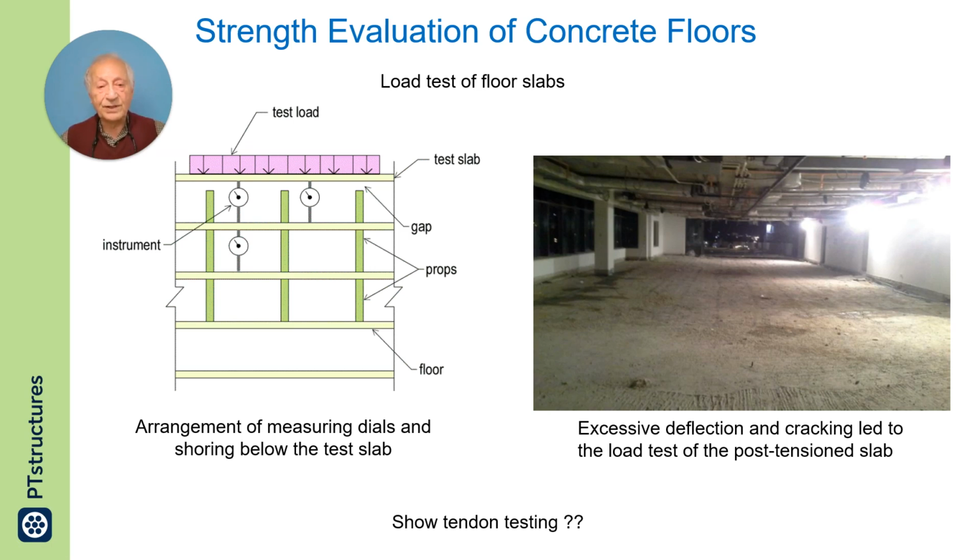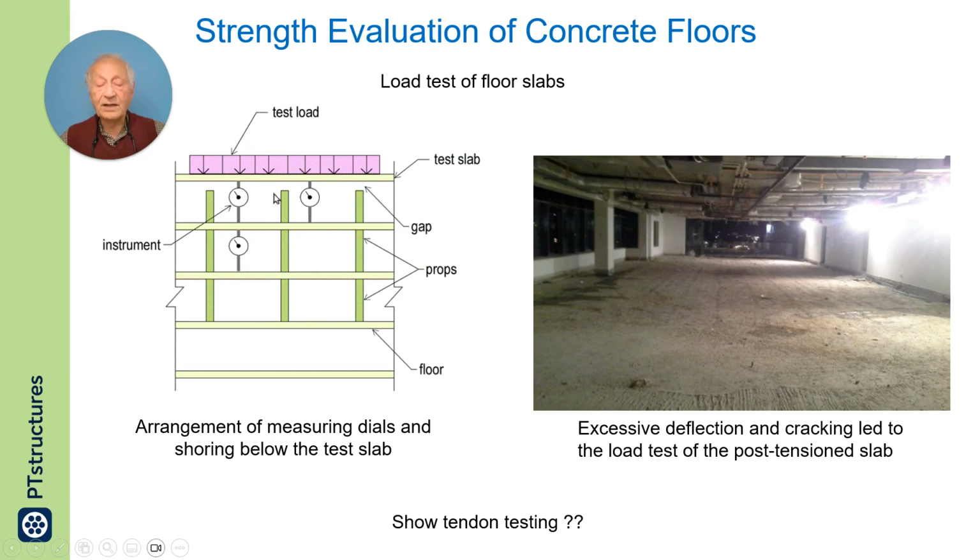So you shore it, obviously with some gap, and the shoring is continued a number of levels to make sure that the live load capacity of the levels below added together can sustain the self-weight and applied load of the floor you are going to test.